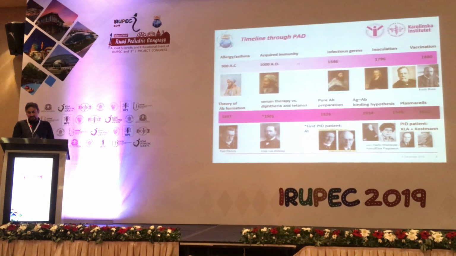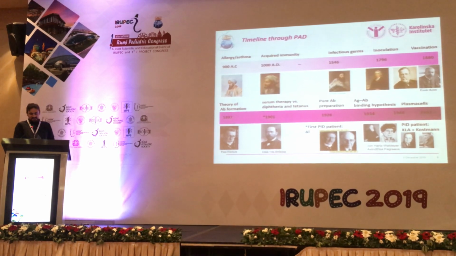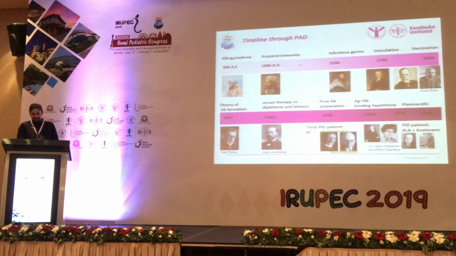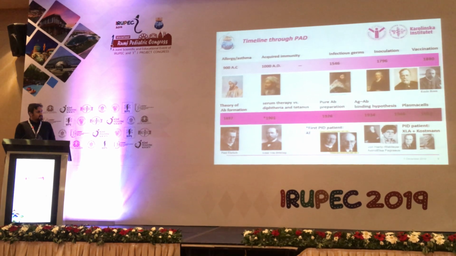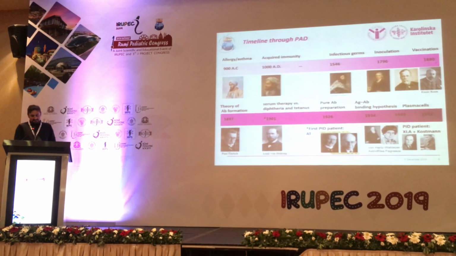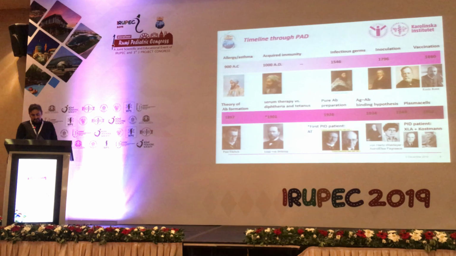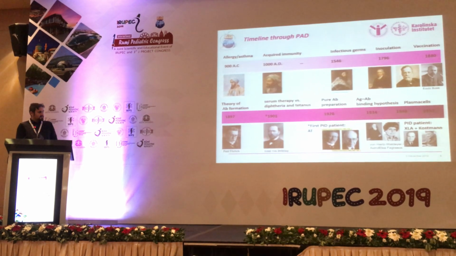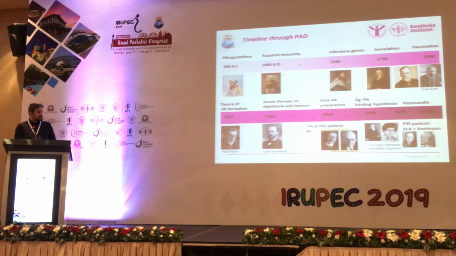preparations with the help of electrophoresis, when electricity became available in the field. And later, we had the antigen-antibody binding hypothesis in 1934. It's also nice to mention that the first case of immunodeficiency was described in 1926.